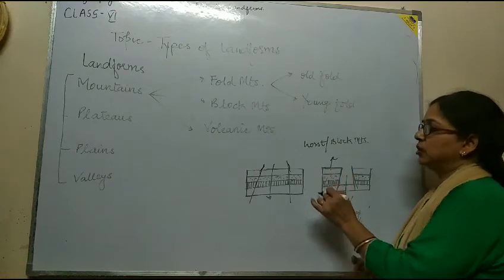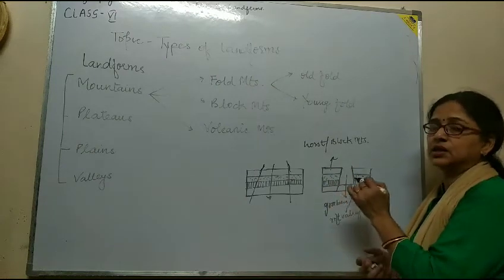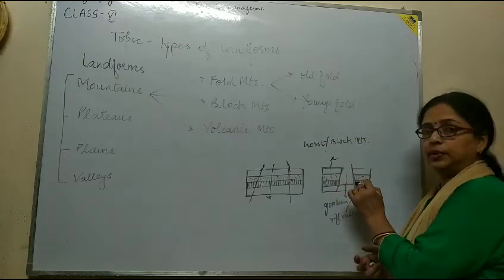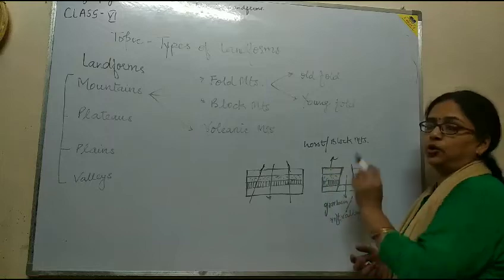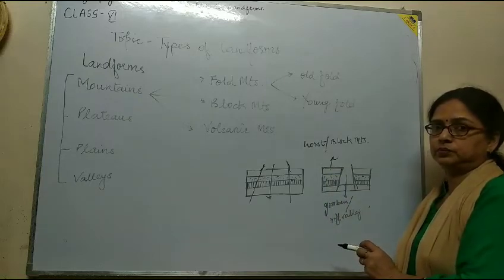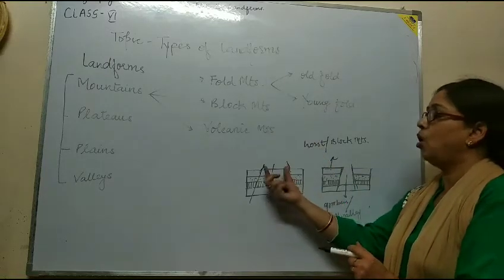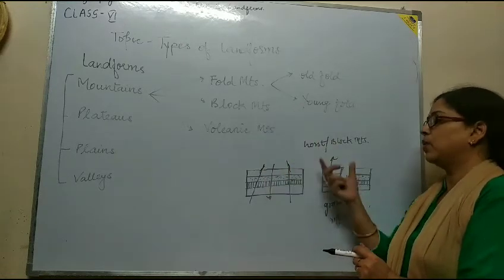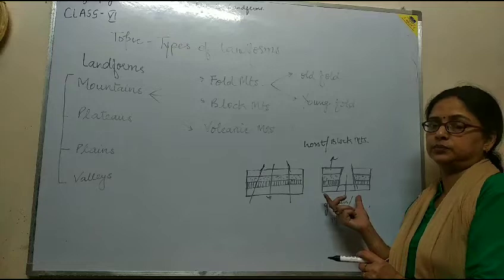The main characteristic of the block mountain is that the sides are steep and the top is flat. So due to the faulting, or due to the cracks on the rock strata, block mountains are formed.